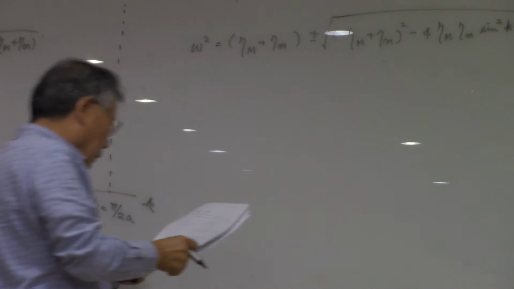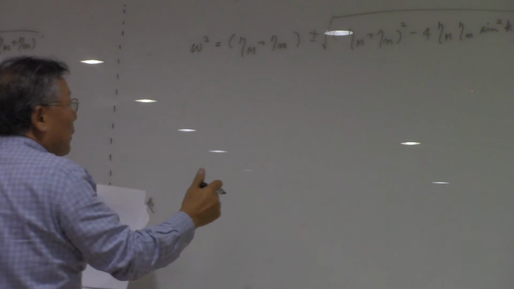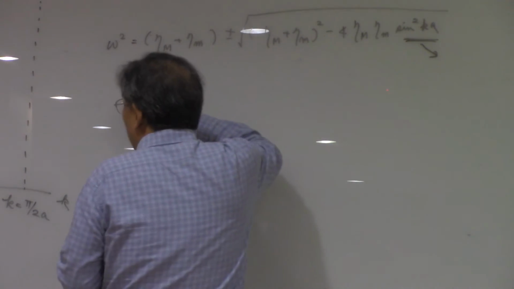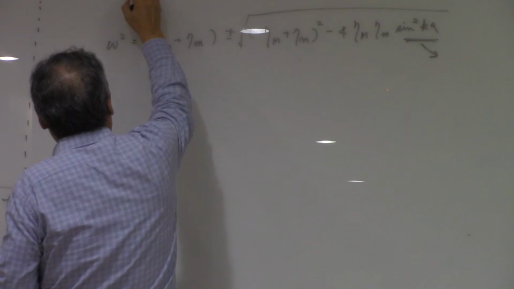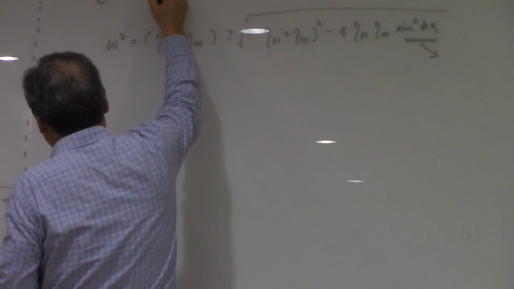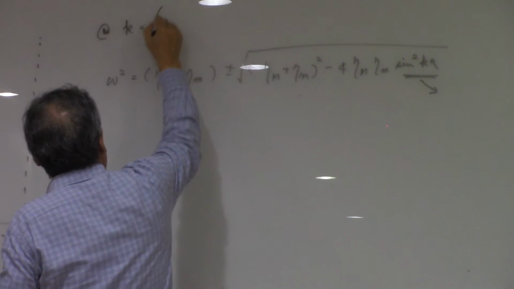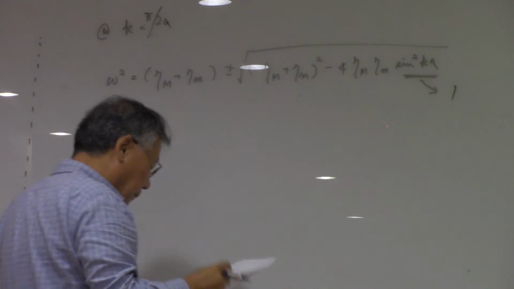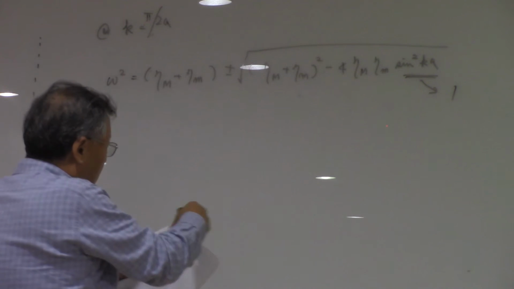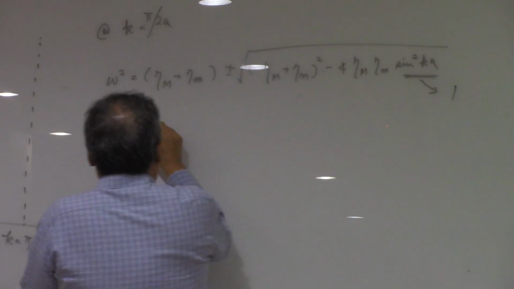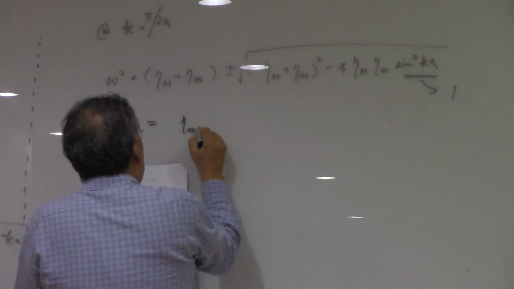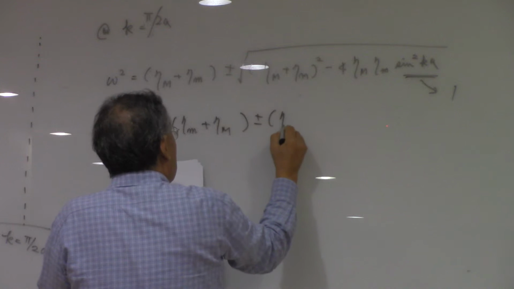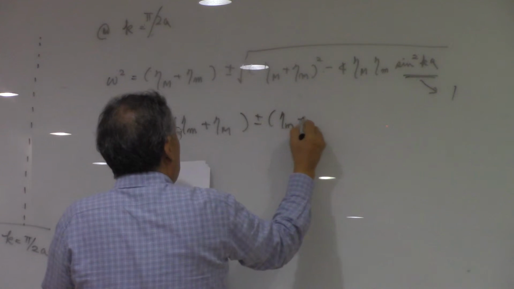And this sine ka, when the k value is equal to pi over 2a, is equal to 1, right? So this one ends up with small m, large m, plus or minus small m minus large m.